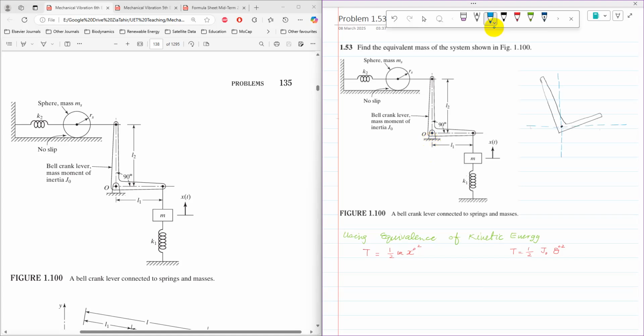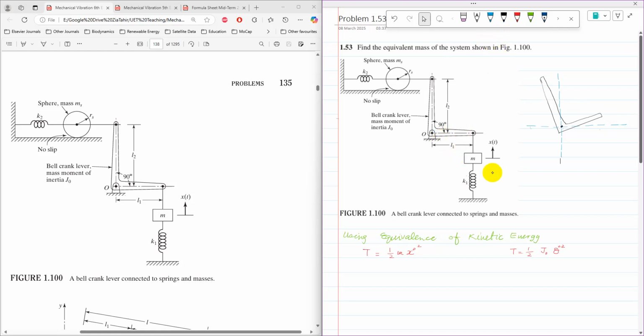When a small value of displacement is given, the bell crank lever will simply have a rotation theta there, and the same rotation will be here because the bell crank lever is rigid.